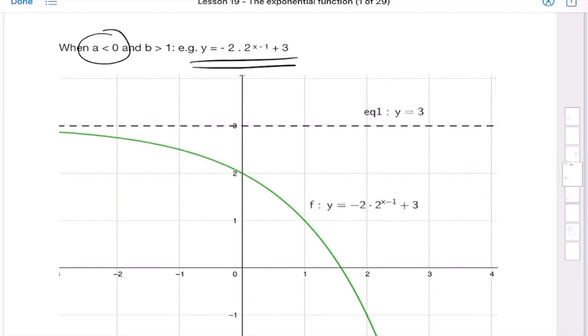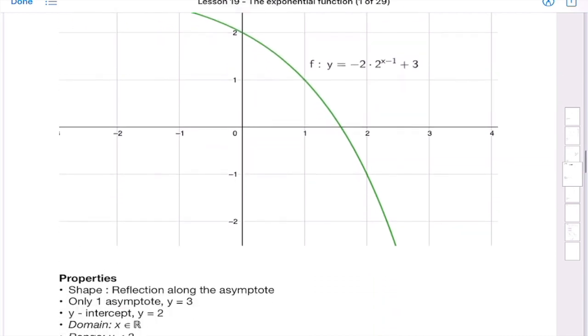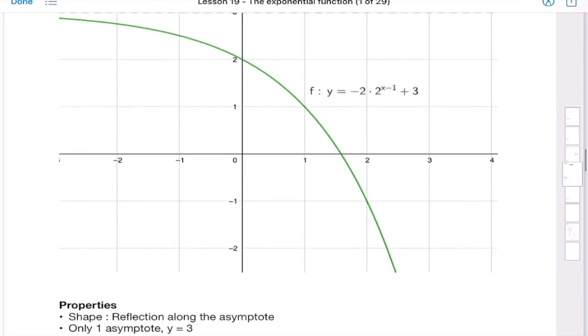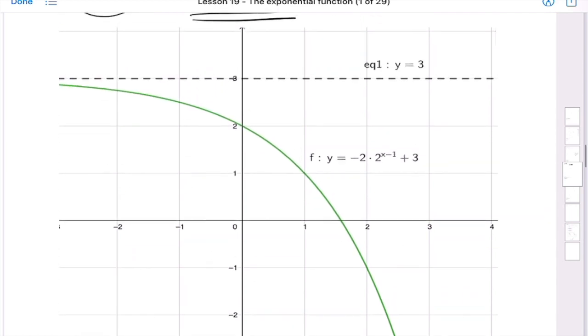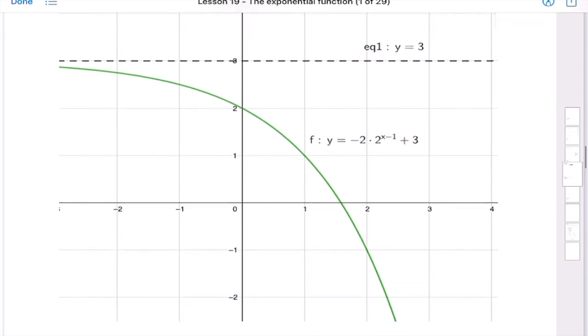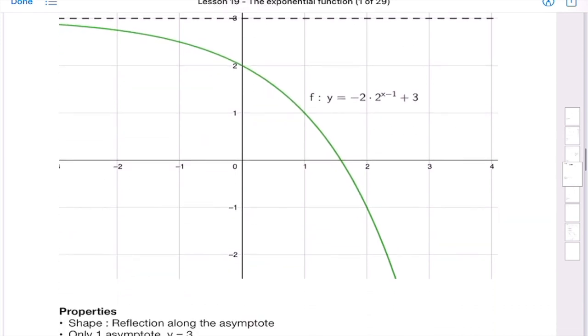The other things to take note of could be the domain and the range, which are obvious from this graph. The domain will be all values of x, and the range will be the values of y that are smaller than 3.